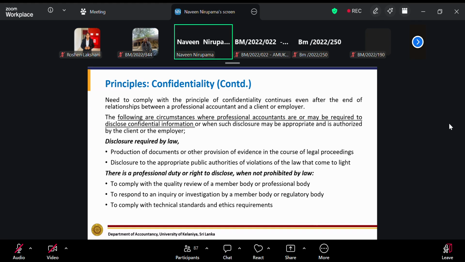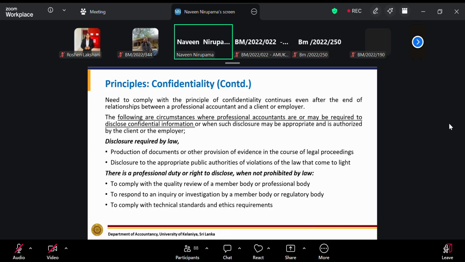The following are circumstances where professional accountants are or may be required to disclose confidential information, or when such disclosure is appropriate. These are the two ways the information may be disclosed. One is disclosure required by law.